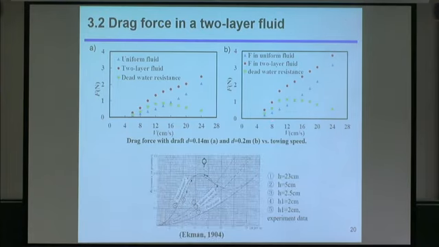Okay, we also compared the published results by Ekman. He also did the experiment, but for a slender ship, and in his results, this curve number 5 is experiment data, and this line number 1 is uniform data. For this curve, we can find that his results have an obvious local maximum here.